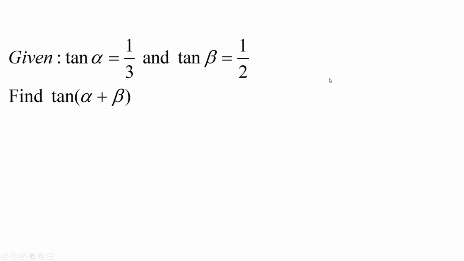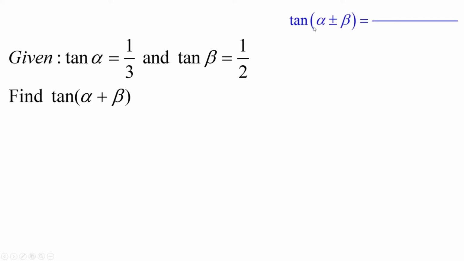All right, so here's what these will look like then. Given tangent of alpha equals 1/3 and tangent of beta equals 1/2, let's find tangent of alpha plus beta. So the first thing the college will look for is, do you know your identity?